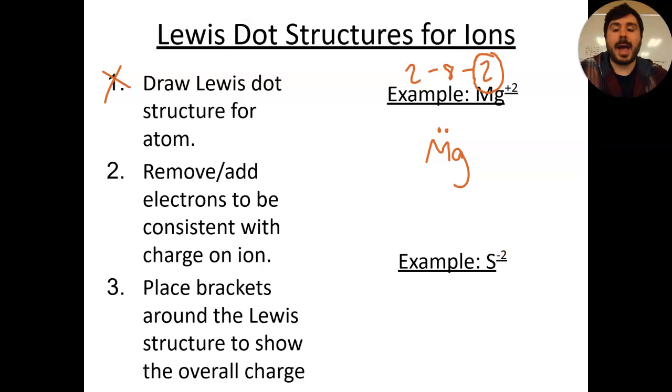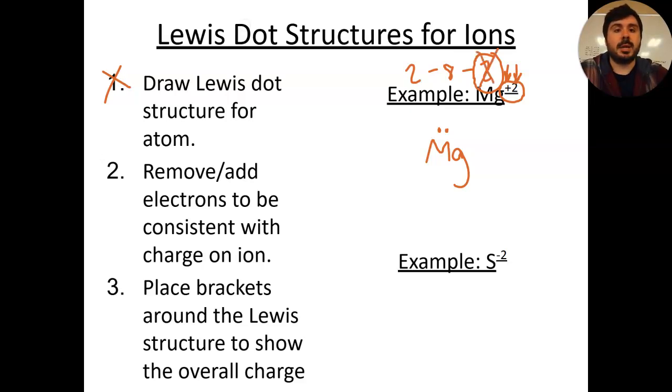Remove or add electrons to be consistent with the charge on the ion. Just like we did the other day, we look specifically at the charge of the magnesium ion, which is +2. Remember that the positive symbol means we're losing electrons. Positive always means losing, and this number tells us exactly how many we're losing. So we're losing 2 electrons.